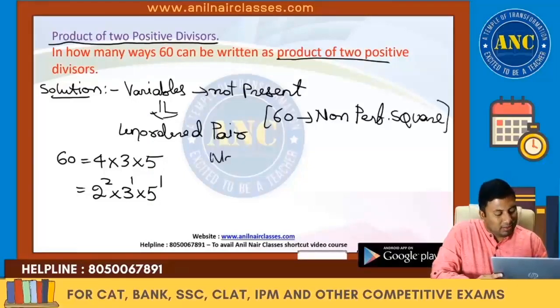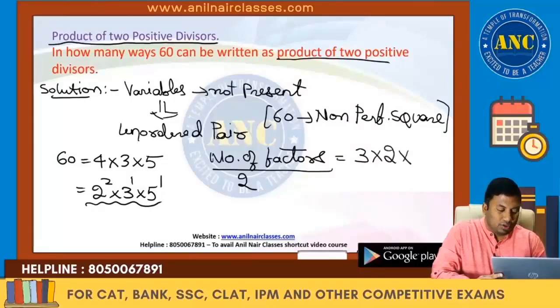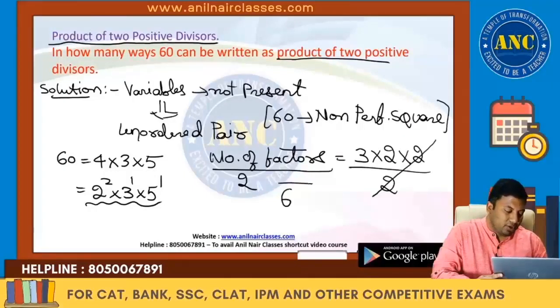The logic is nothing but number of factors divided by 2. Number of factors for 60 will be: 2 square means 0 to 2, 3 cases; 3 has 0 to 1, 2 cases; 5 has 0 to 1, 2 cases; divided by 2. The 2s cancel, 3 twos are 6.